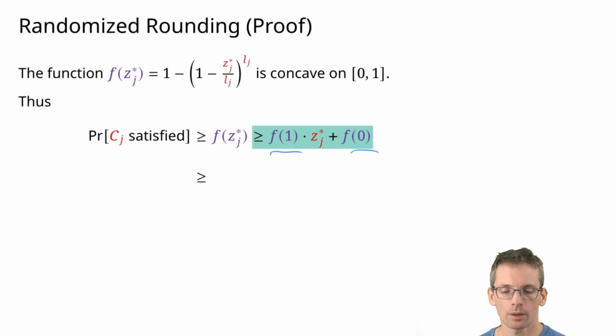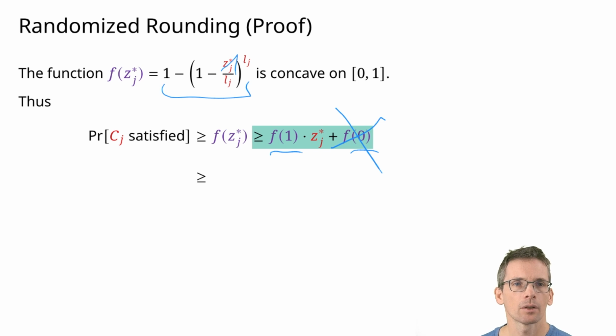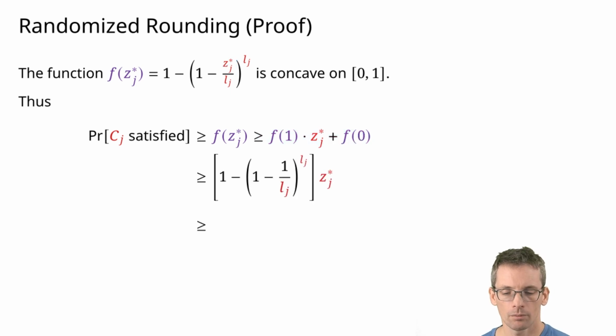So f1 times zj star plus f0. Now f0 is simply 0, that cancels out. And f1 is this with a 1 here. So this gives me the bound here that you see here.